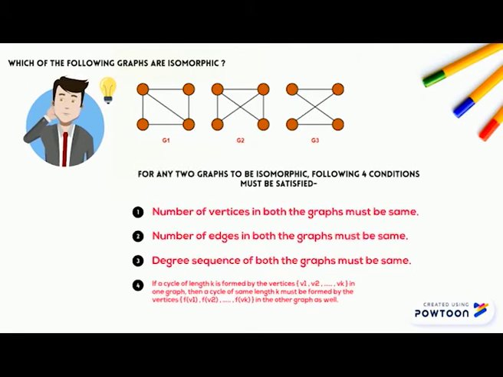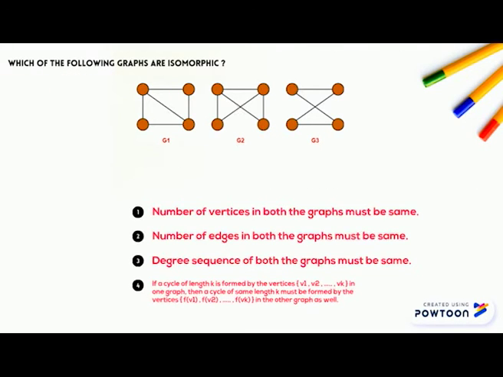Second, the number of edges in both graphs must be the same. Third, the degree sequence of both graphs must be the same. And the last one, if a cycle of length k is formed by vertices in one graph, then a cycle of the same length k must be formed by vertices in the other graph as well.